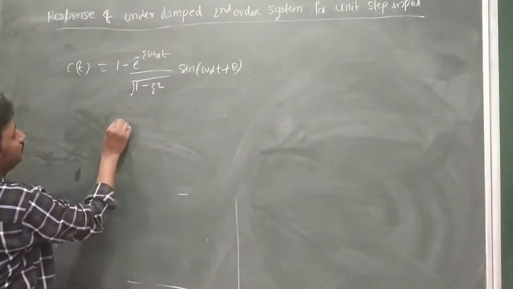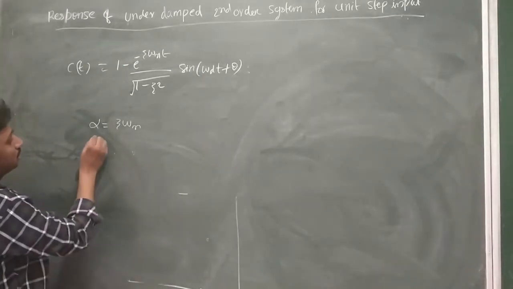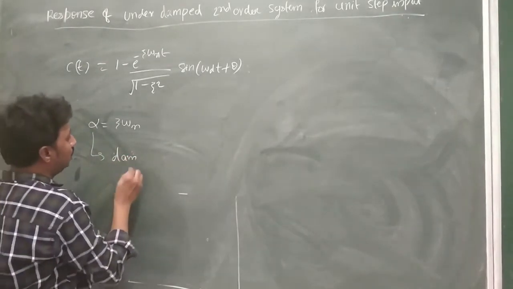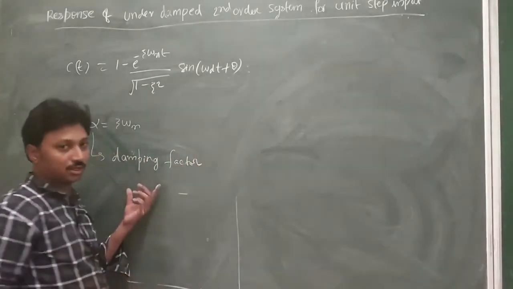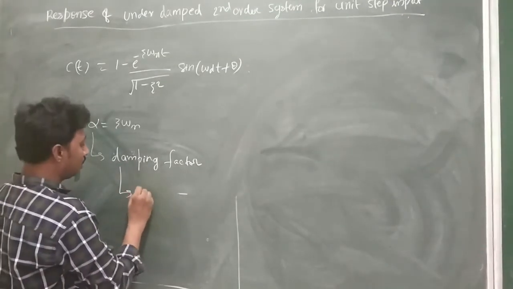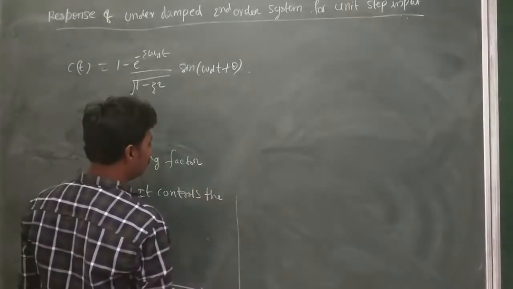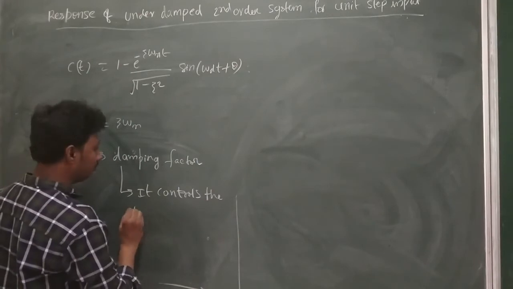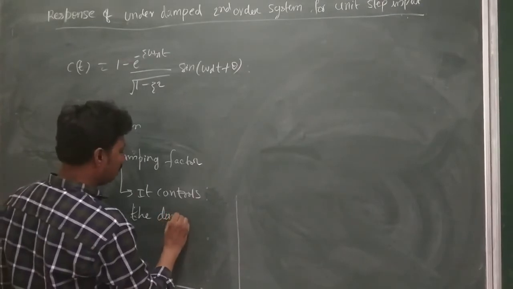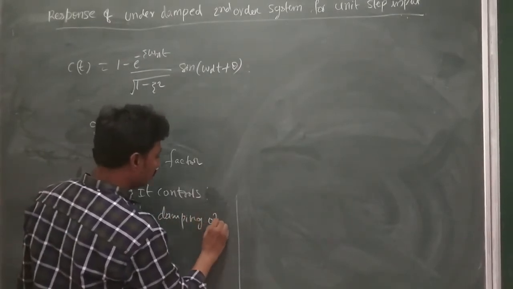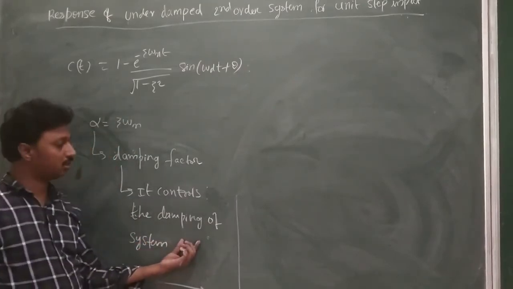Here you see that zeta omega n, we say this is alpha, alpha is equal to zeta omega n. This is called the damping factor. It controls the damping of the system.